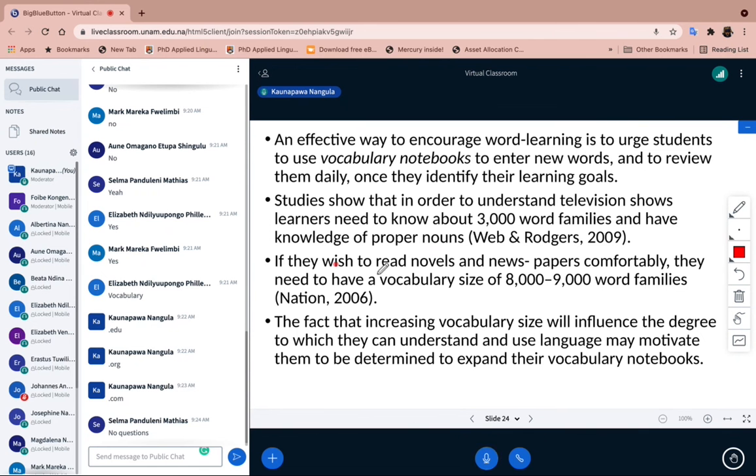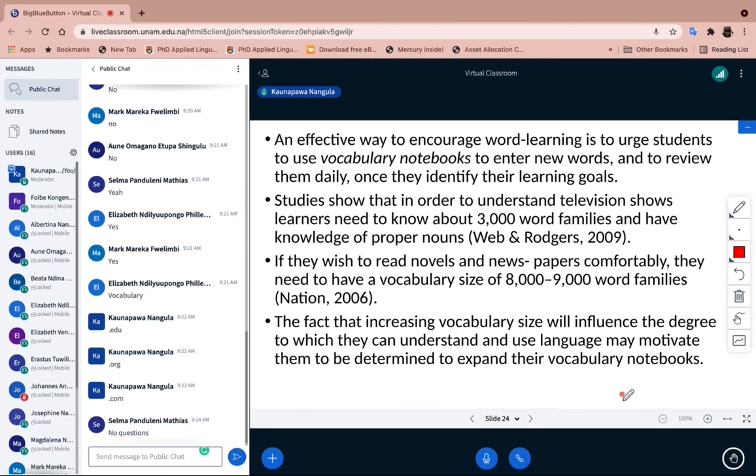All right. If they wish to read novels and newspapers comfortably, they need to have a vocabulary size of 8,000 to 9,000 word families. All right. And then the fact that increasing vocabulary sizes will influence the degree to which they can understand and use the language may motivate them to be determined to expand their vocabulary notebooks.